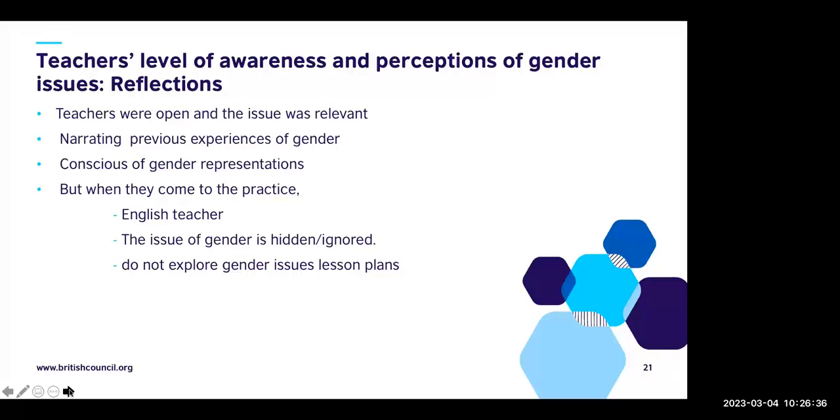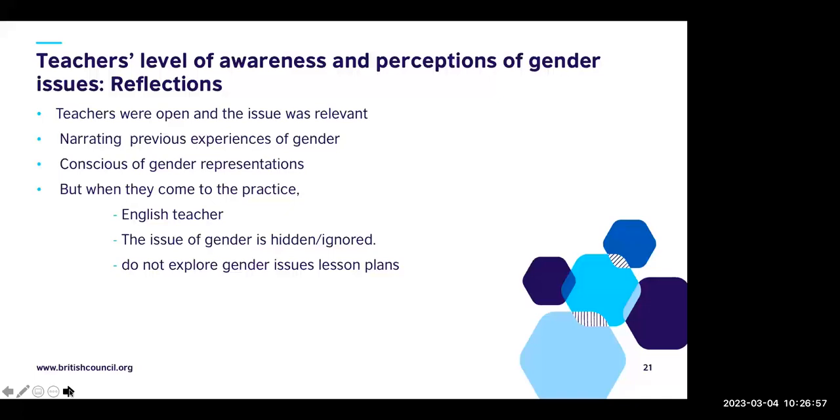Most of the teachers were aware that the issue of gender is significant. Some of the teachers started narrating their previous experience of gender from primary to secondary up to tertiary classes. They were conscious of gender representation.